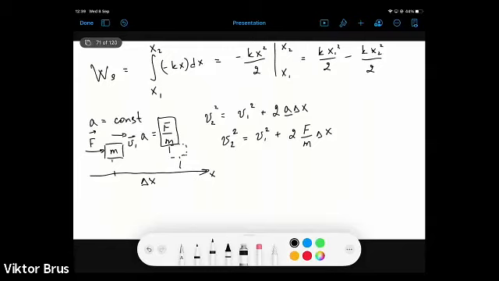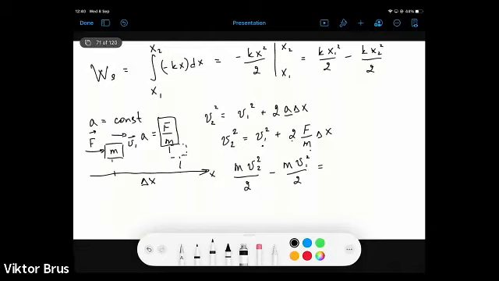Now let us rearrange this a bit. Let's put the velocity squared to the left side, then multiply by mass and divide by 2. We will get m v2 squared divided by 2 minus m v1 squared divided by 2.